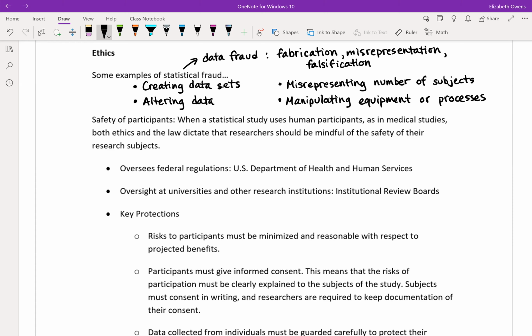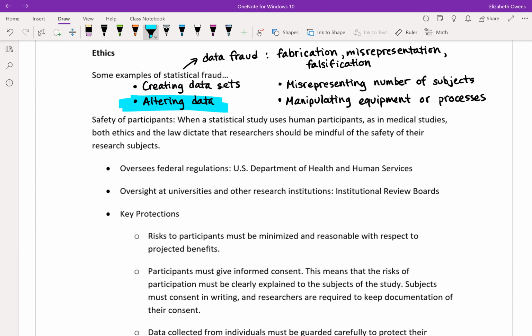And all of these, it does come down to intent. If the intent is to change the outcome, change the data, that's what makes it fraudulent. Like with the case of altering data, if someone intentionally says, this number is a 5, I don't like that, I'm going to write down a 1 so it makes my results look better, that's altering data with the intent to commit fraud.